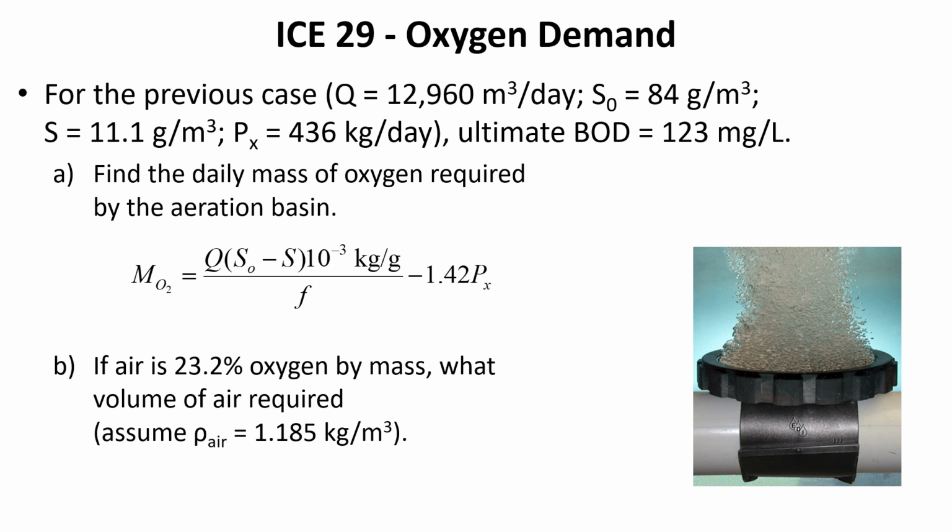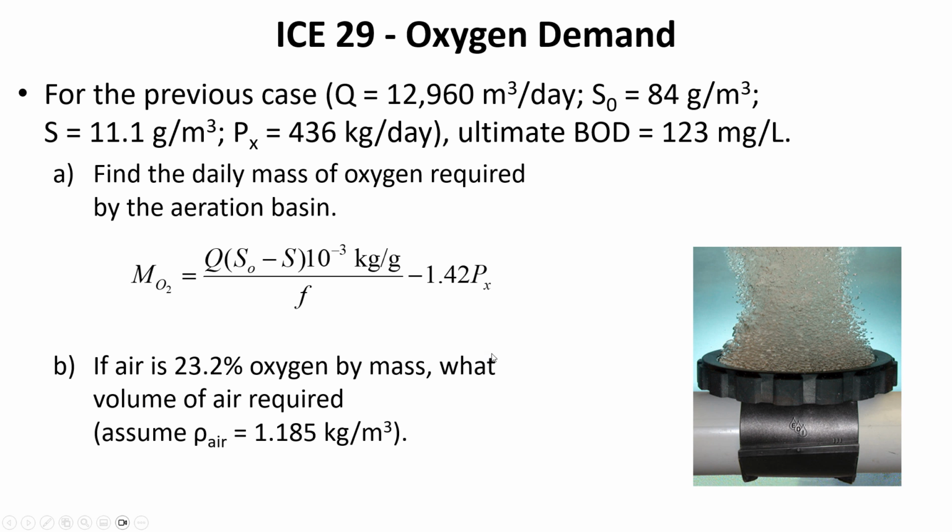And if the ultimate BOD is 123 milligrams per liter, then we can use that to calculate F. So I'd like to pause for a second, give you a chance just to play around with this formula, see if we can determine what's the mass of oxygen that's required by the aeration basin, and that's going to be expressed in terms of kilograms per day.